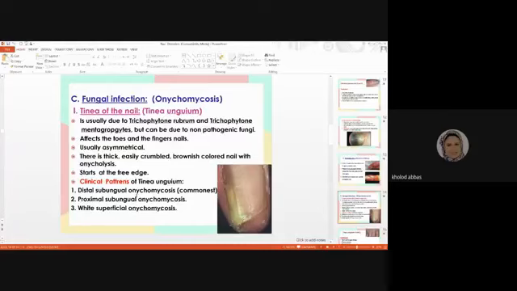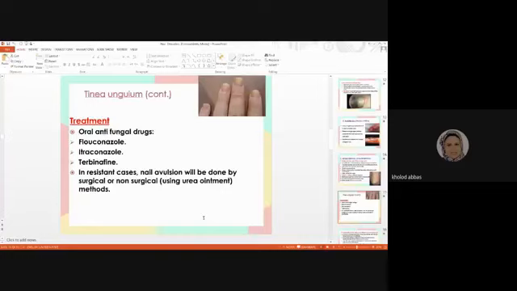We have three clinical presentations: distal subungual onychomycosis, which is the commonest presentation, proximal subungual onychomycosis, which occurs in immunocompromised patients, for example in HIV patients, and white superficial onychomycosis. Treatment: we start oral antifungal drugs like fluconazole, itraconazole, and terbinafine.